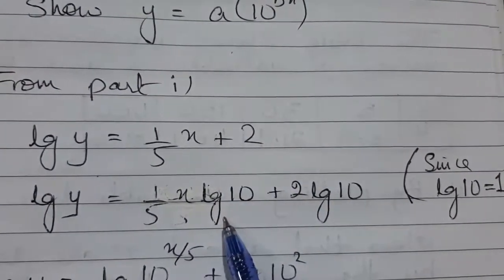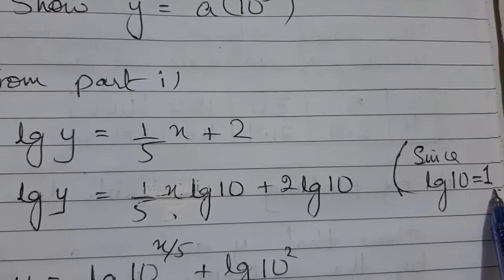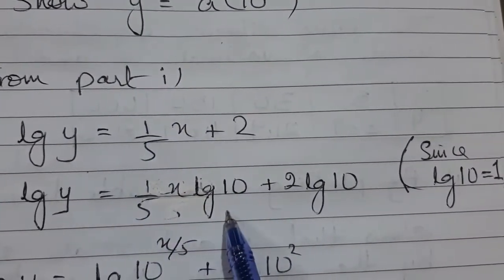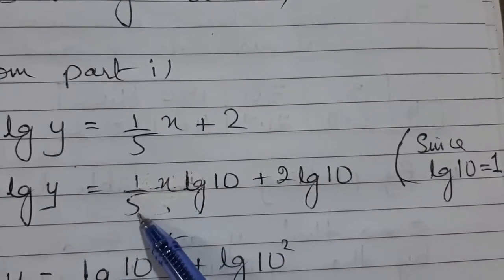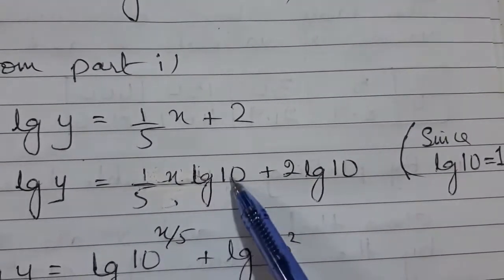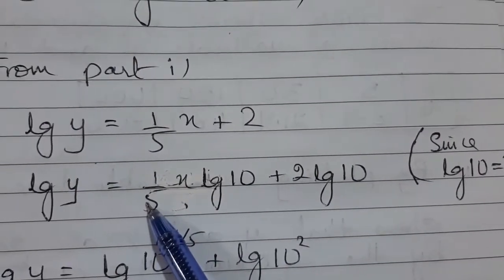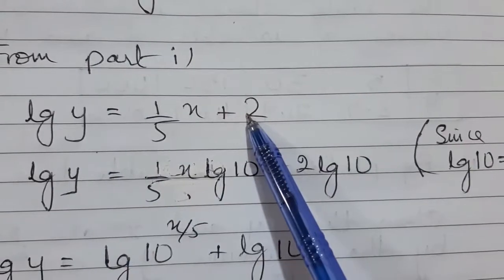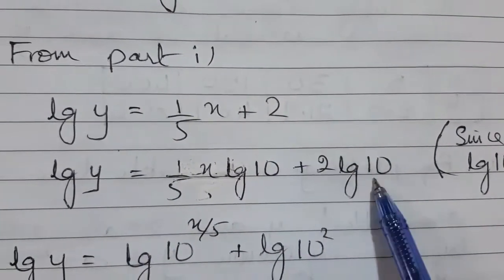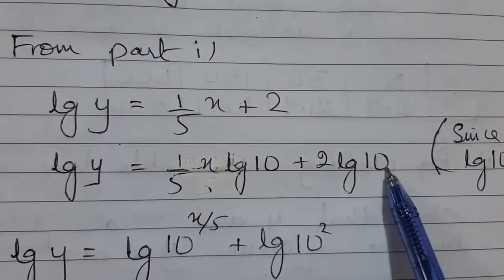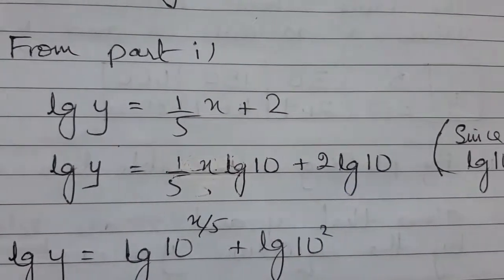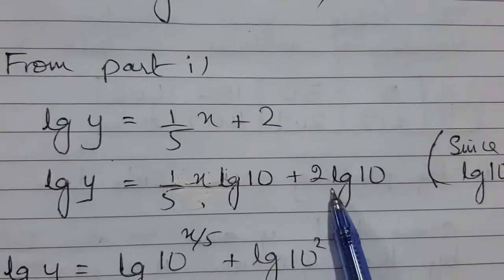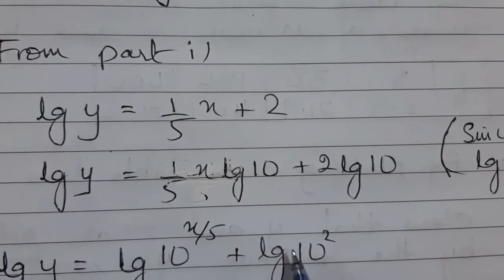You must remember from log that LG10 is 1. So if I multiply this term by LG10, it means it is x/5, because this whole part is 1. 1 multiplied by anything will not change the question, only its form. Similarly here, 2 I am multiplying by LG10, and LG10 equals 1, so 2 ones are 2. This is helping me bring the equation into this form. I am not changing the question.